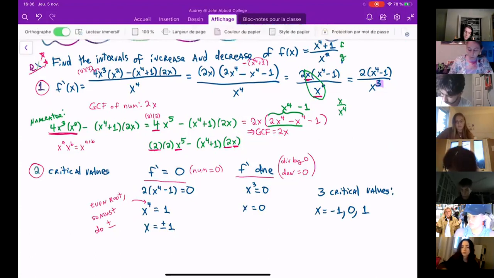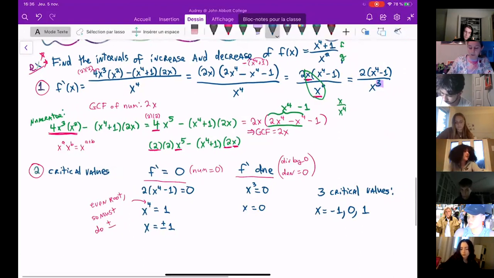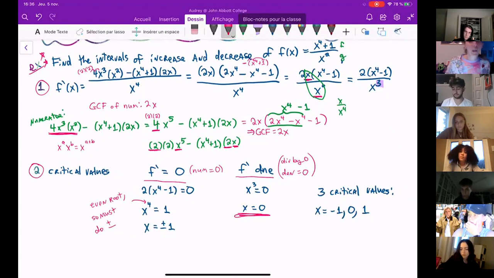At this place where f prime does not exist, there are three options for what that could be. It could be a discontinuity, a vertical tangent line, or a corner or a cusp. I want you to get into the habit of checking if it's a discontinuity. That's going to be important for us later.